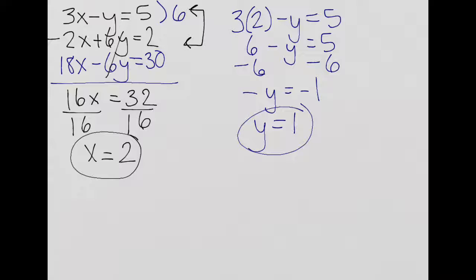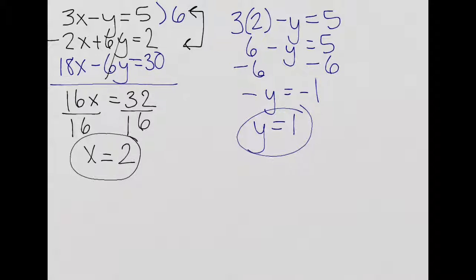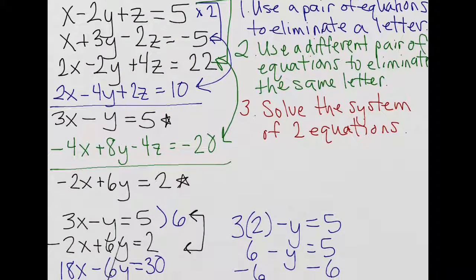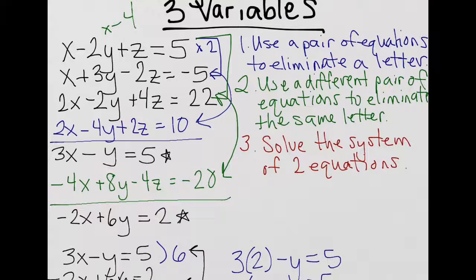Great. Now, the last thing we have to do that we didn't have to do if we were solving a system of two equations is to plug both of these values into one of our originals to find the third variable. So we've got 2 and 1, so let's look back up at our original equations. Okay, so let's use this top equation right here.